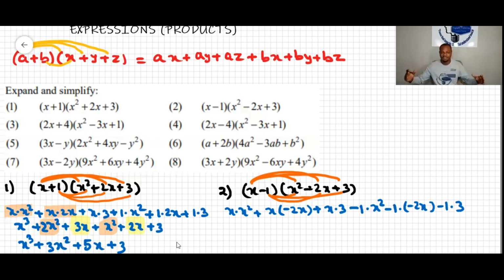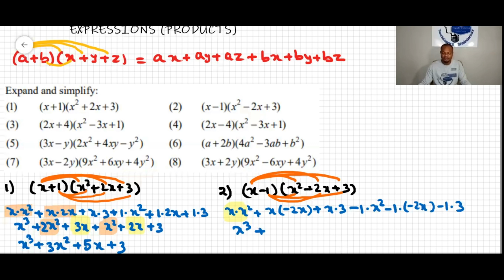Now that we have expanded, we need to simplify. We can apply the law of exponents. For instance, here the bases are the same, so we can combine them. That makes x to the power 3, plus x times negative 2x.